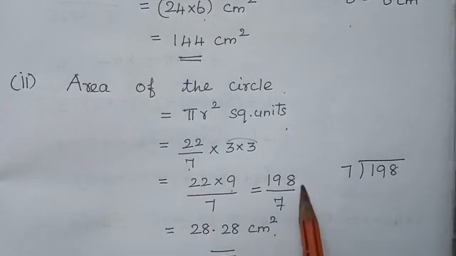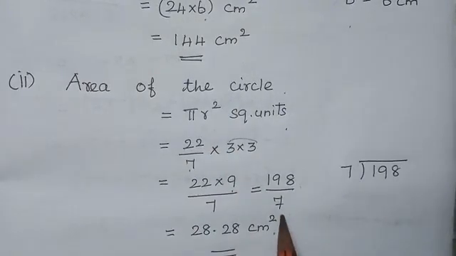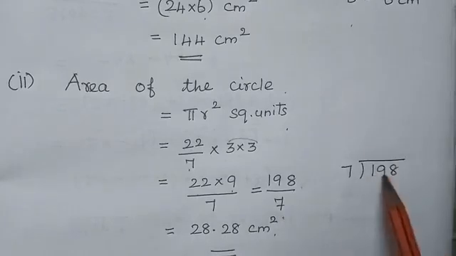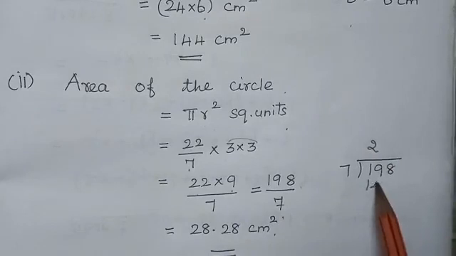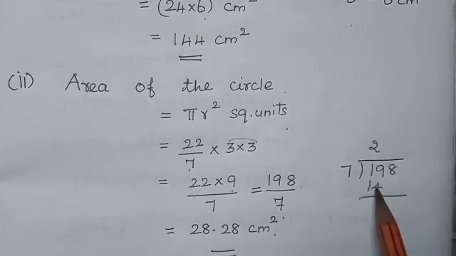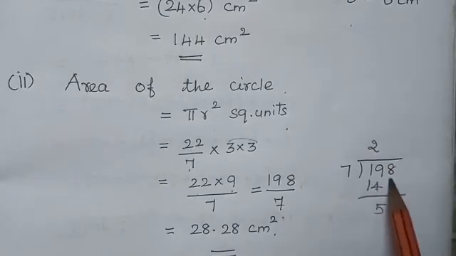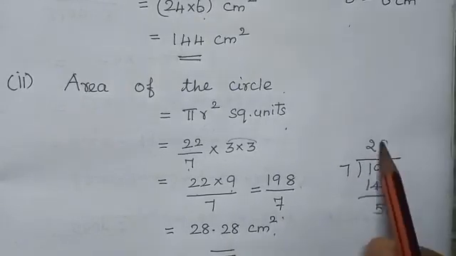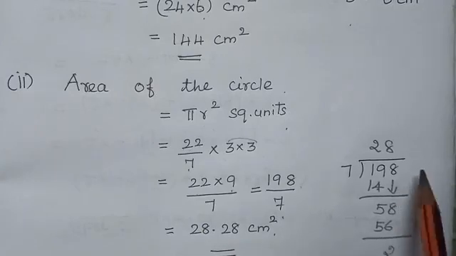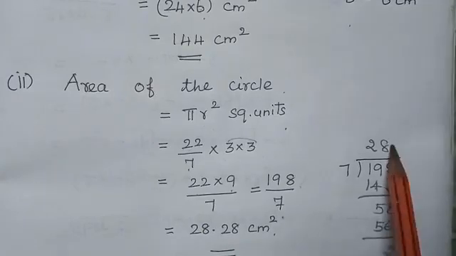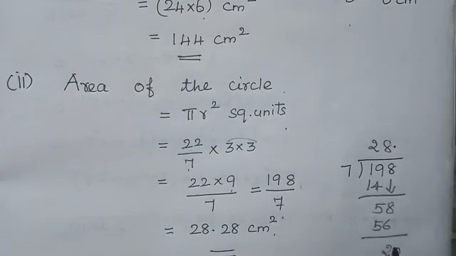We get the answer 198 divided by 7. Divide it separately. 198 divided by 7. 2 7s are 14. 9 minus 4 equal to 5. Then bring this 8 down. How much times? 8 times. 8 7s are 56. Then 8 minus 6 equal to 2. Here we can put one decimal point and add 1 0.